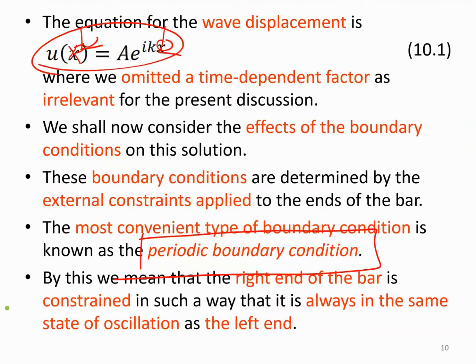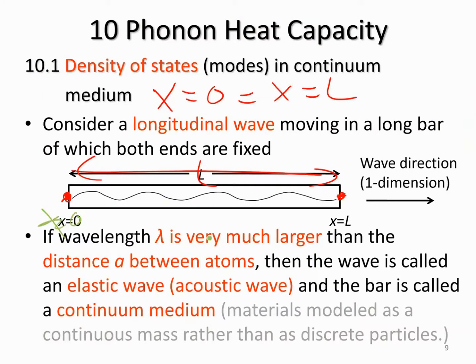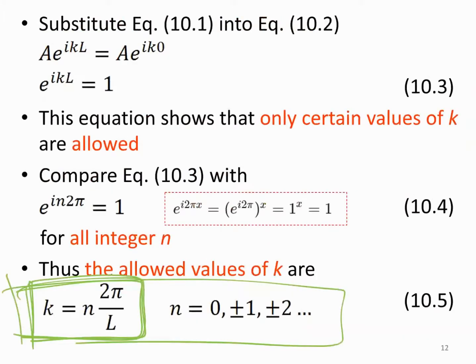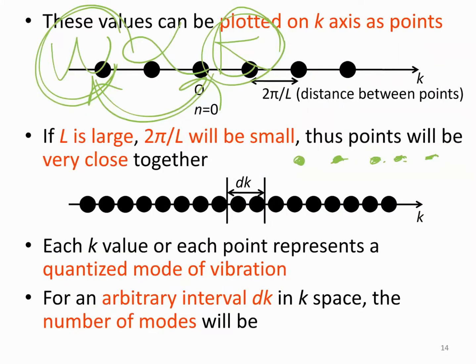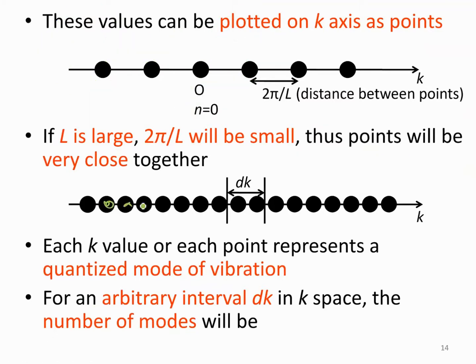We assume that the state at x equal to 0 is exactly equivalent to the state when x equal to L, and then we solve the equation, and we got A, and then we get this one. I already explained just now. So now we know that these are the allowed k values.